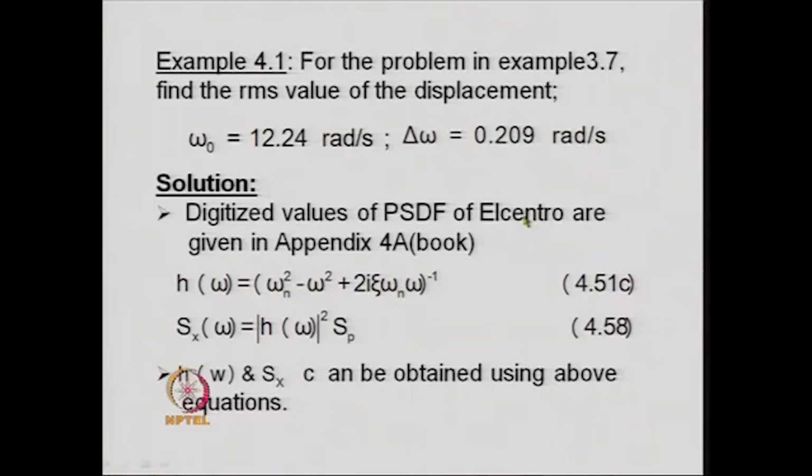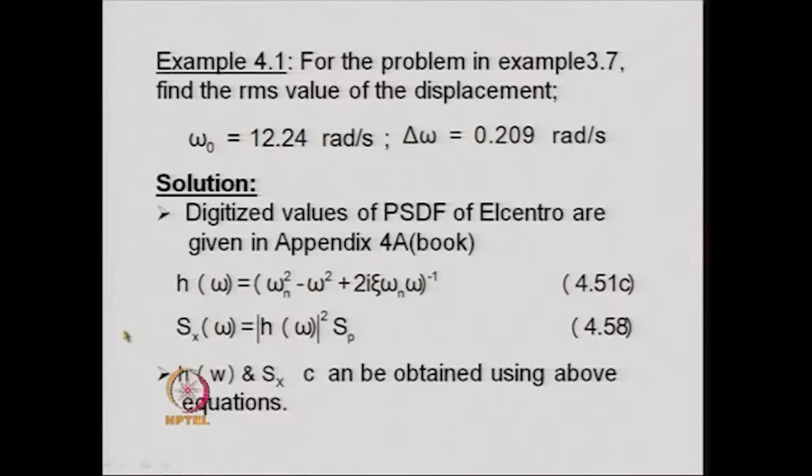The digital values of the power spectral density function of the El Centro earthquake are given in the appendix of the book. From that one can take the values of the power spectral density function ordinate sampled at delta omega equal to 0.209.